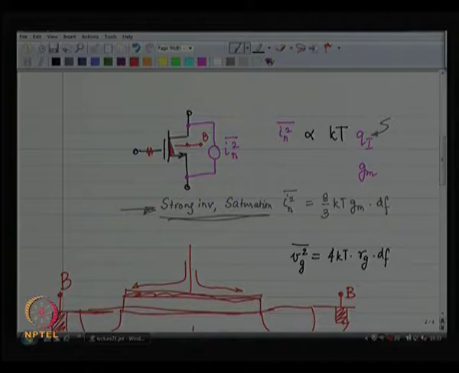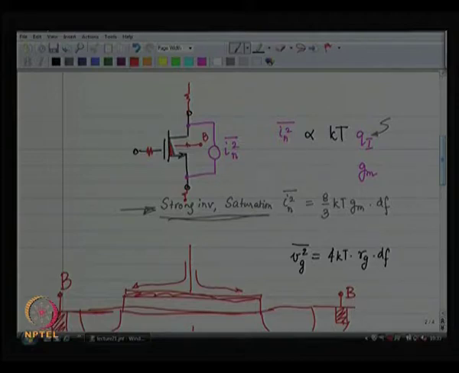So, this is how we are going to deal with it. Similarly, if you have a contact resistance on the drain, a contact resistance on the source, then those also will add certain amounts of noise voltage. So, we will treat all of those like resistors.